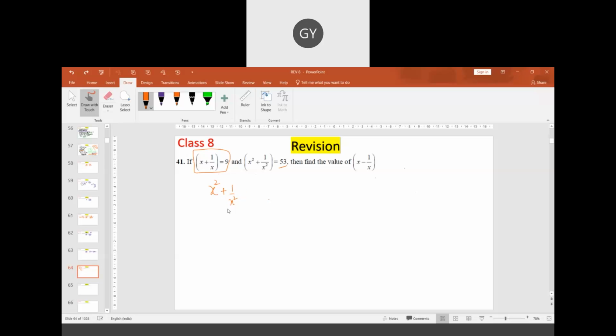Let me take this only and square it. What do I get? x square plus 1 by x square minus 2. This value is given, it is 53 minus 2, which is 51. So x minus 1 by x is root of 51, which is not a square number. I think the question is wrong.